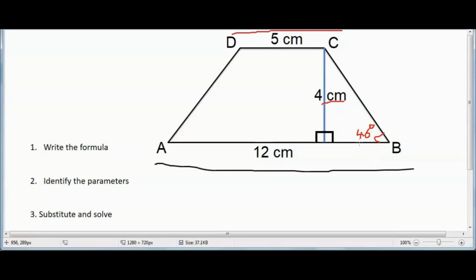So the formula in this case is the formula for calculating the area of a trapezium. Half the sum of the parallel sides. The parallel sides are AB plus DC, times the height. The height is BC.